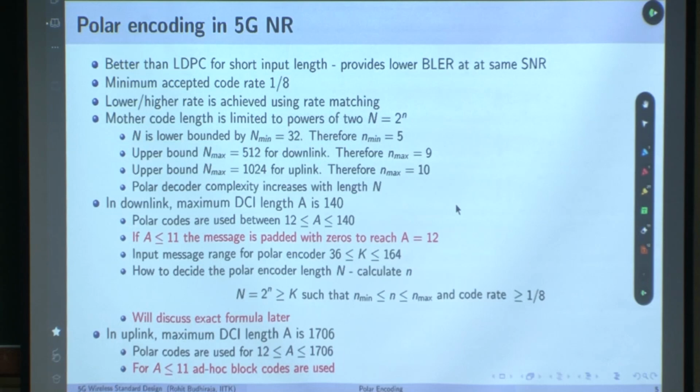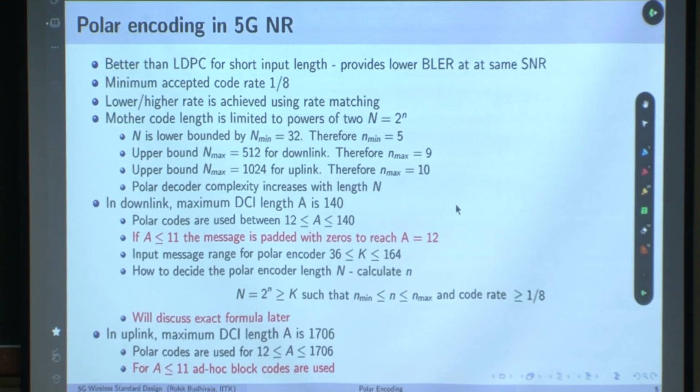And then we saw the polar encoder takes n inputs and gives you n outputs. Just to get used to the notations or terms in the standard, these n bits which we feed to the transformation matrix are divided into index sets and frozen sets.